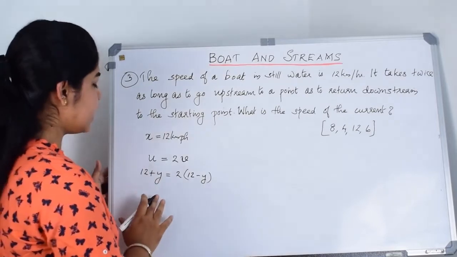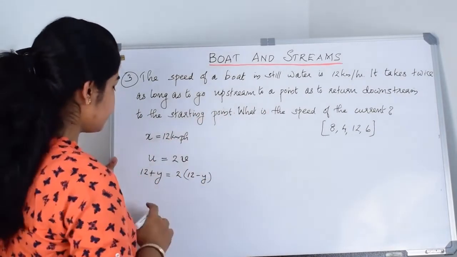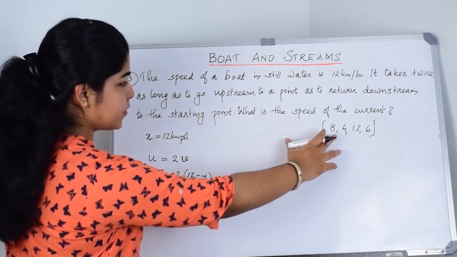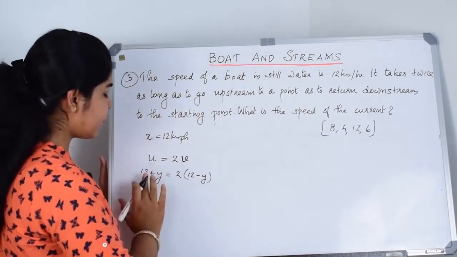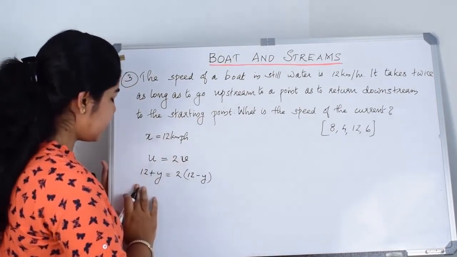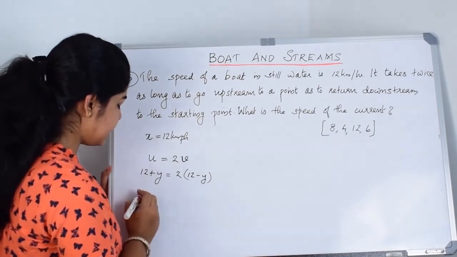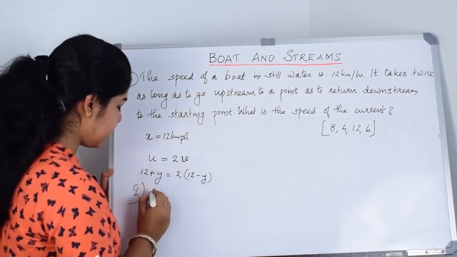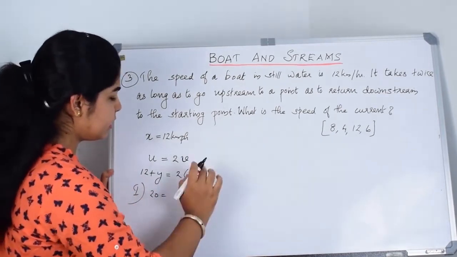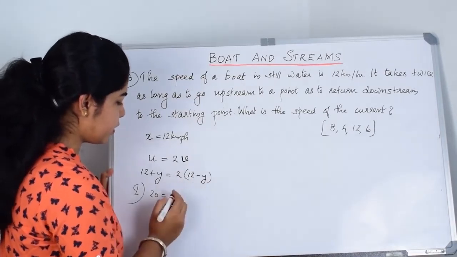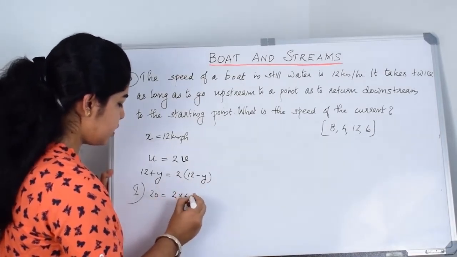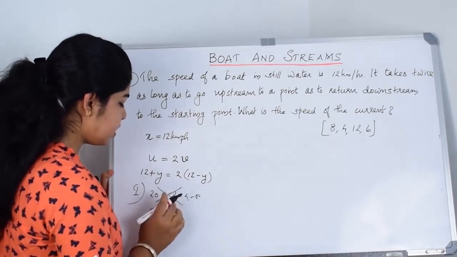So for that, we will take the values from the options. So here I am taking the first case, that is 8. By taking the value of y as 8, we will get 12 plus 8, that is 20. Then 12 minus 8 is 4. So 2 into 4 is 8. So this will not satisfy.